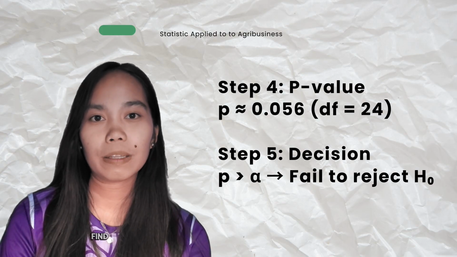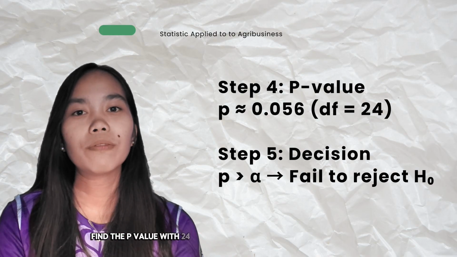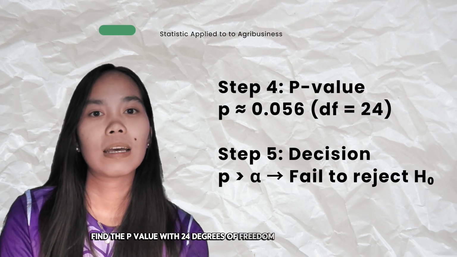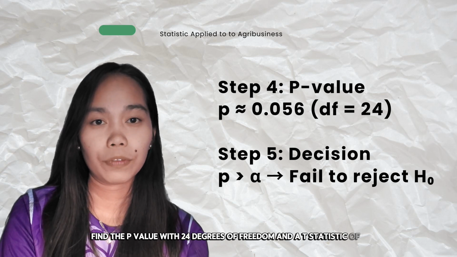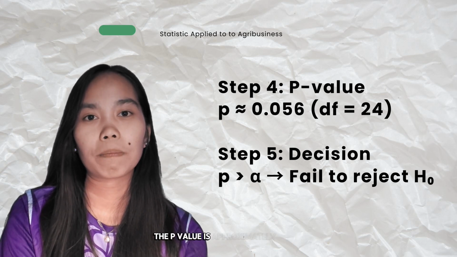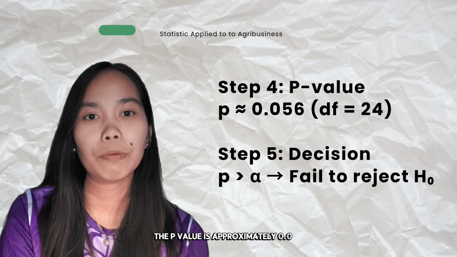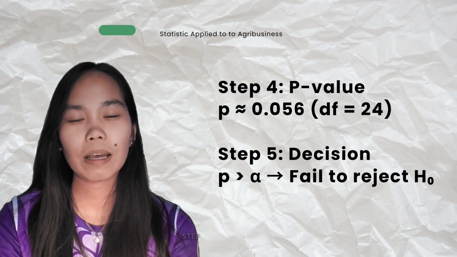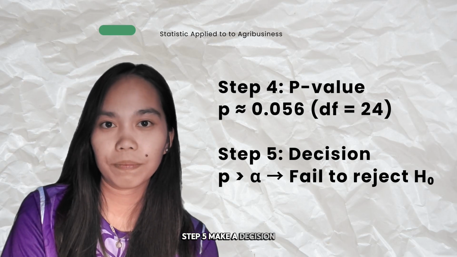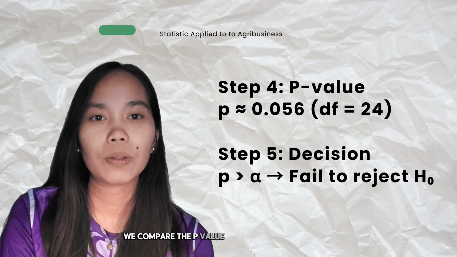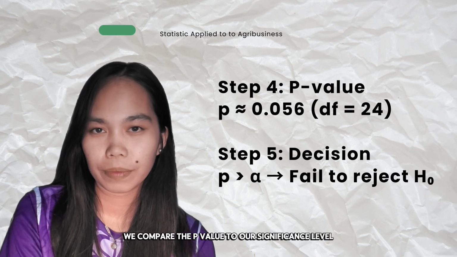Step 4. Find the p-value. With 24 degrees of freedom and a t-statistic of 2, the p-value is approximately 0.056. Step 5. Make a decision. We compare the p-value to our significance level.